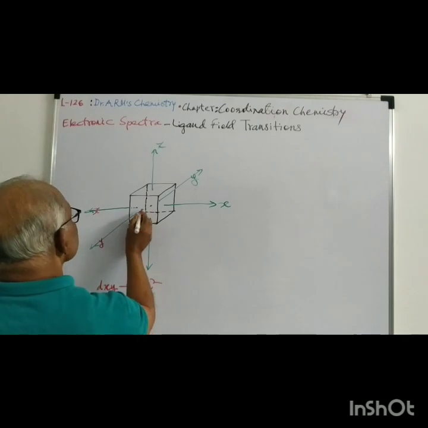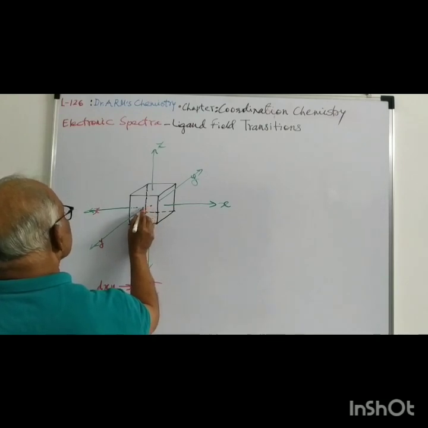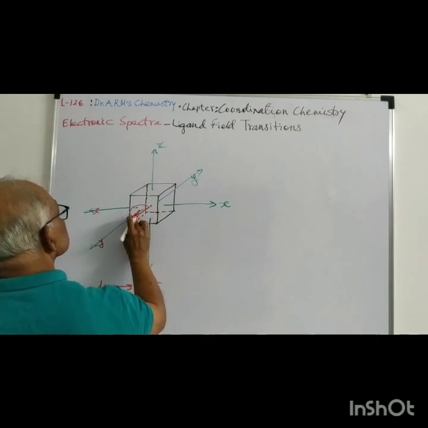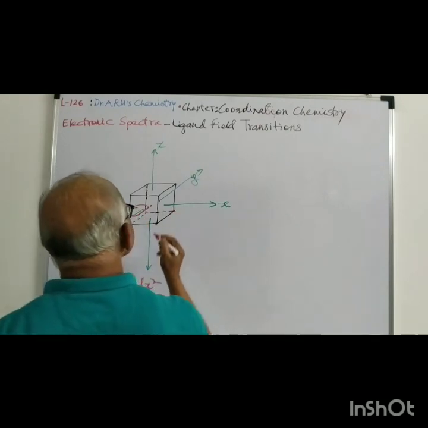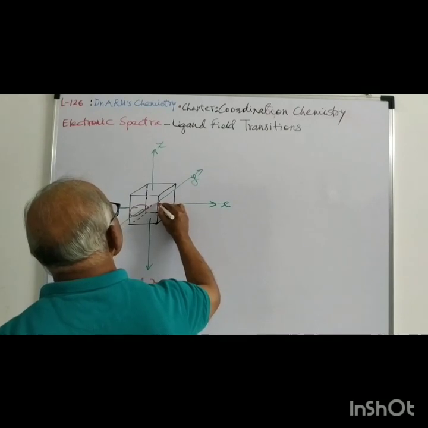So these orbitals are lying between these axes. So we can imagine these orbitals like this. This is also another part of these orbitals.